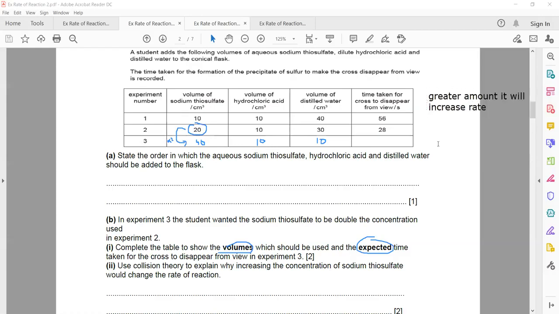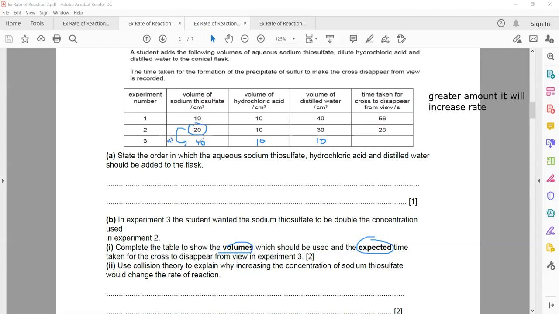So as the rate increases, will the time for the cross to disappear increase or decrease? If the speed of a reaction is faster, the cross will disappear in a short time. So the time for the cross to disappear will decrease because it will form precipitate faster.